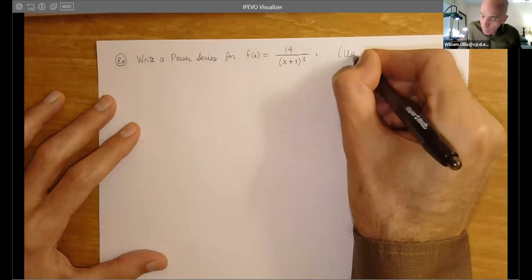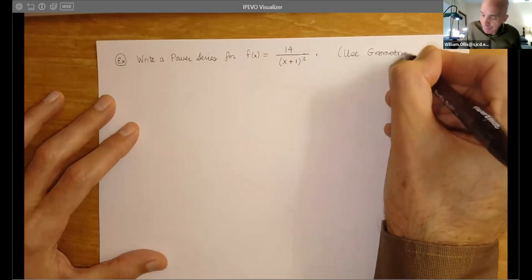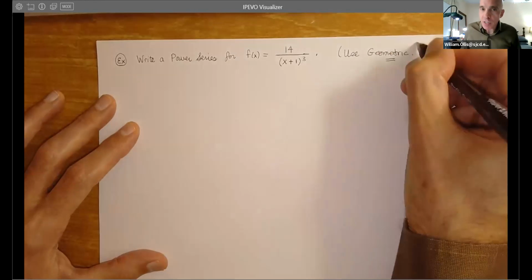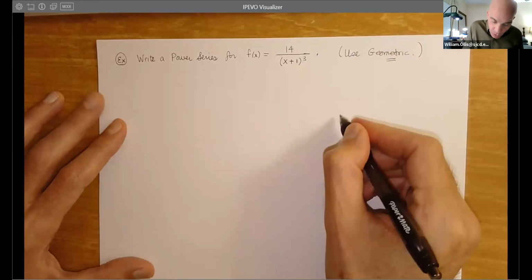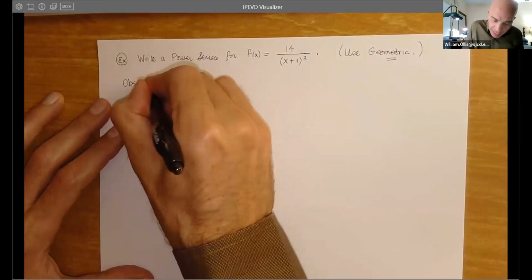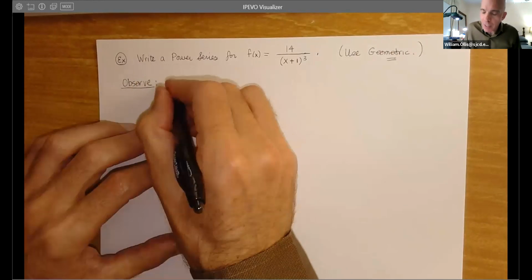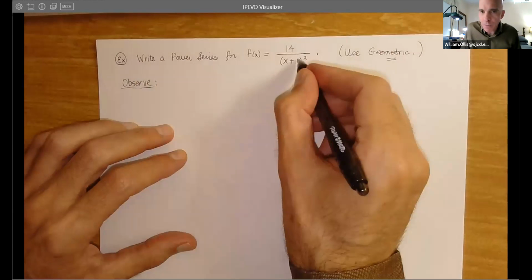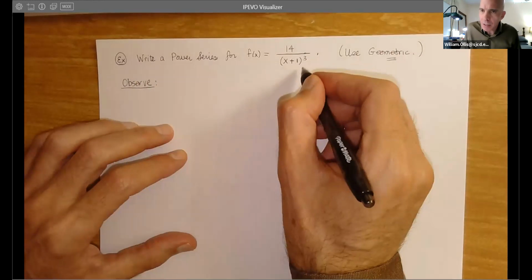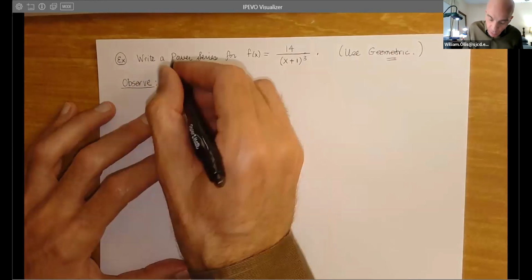Use geometric, and then we can make some adjustments if we need to. So of course we observe, and you're thinking, can I just do some substitutions? Absolutely you can, but if your series doesn't have this form in the chart, you can't use it. So we gotta do something different. Now let's observe the following.